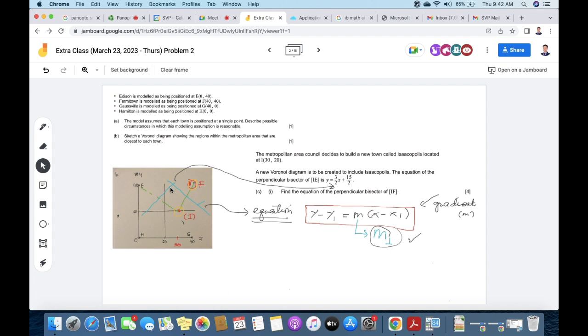Aside from, yes, it's the midpoint, correct. But before we say midpoint, this x sub 1 and y sub 1 refers to a point found on the point on the what? Point on the perpendicular bisector.